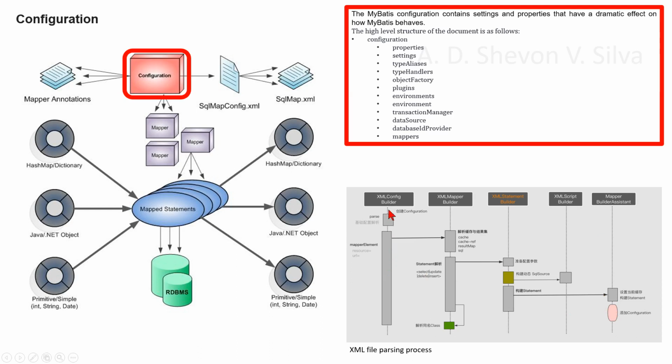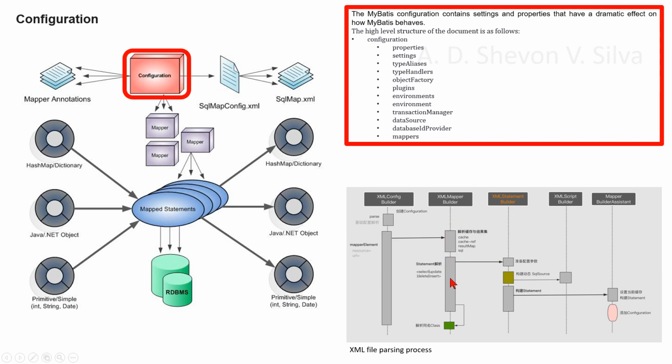Here you can see XML config builder and its parse, and then the mapper element is connected to cache-ref and result map, SQL, in XML mapper builder.